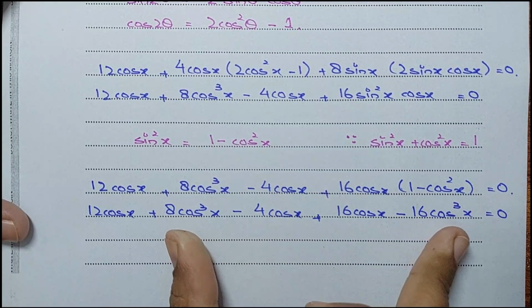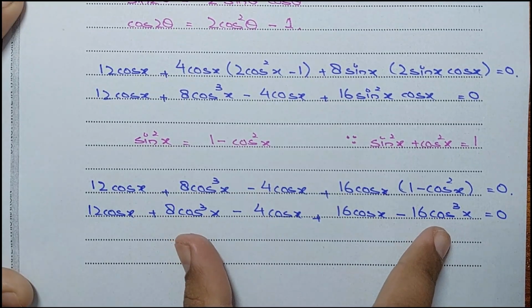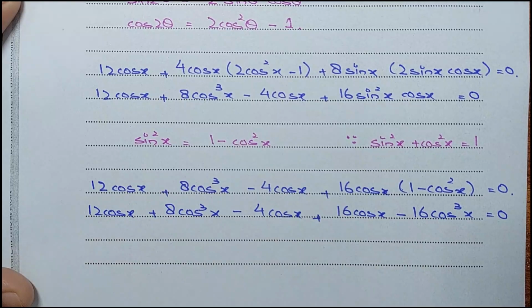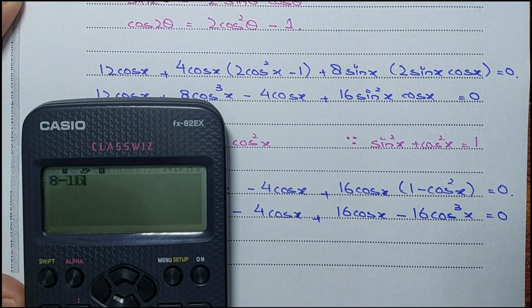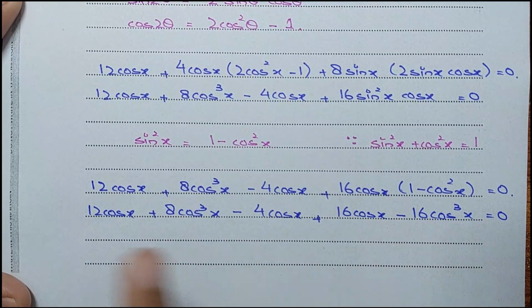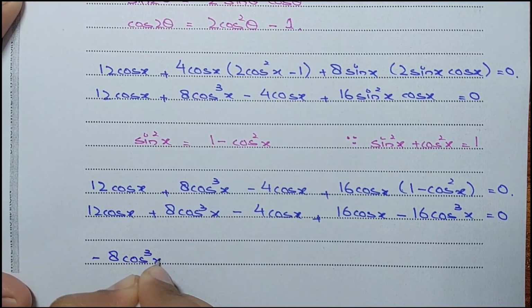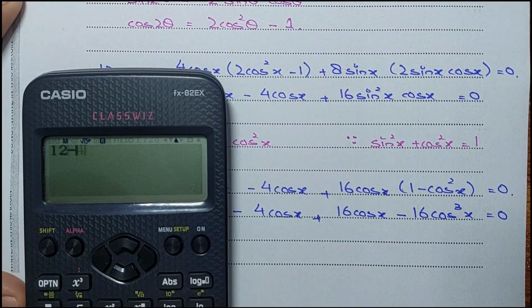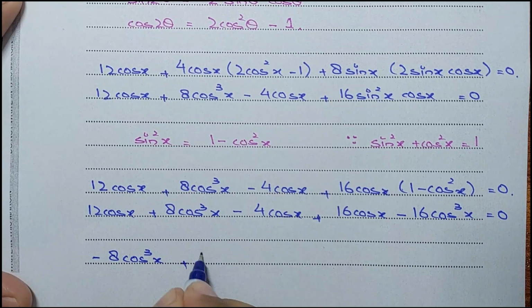Now these two are terms in cos cube. 8 and minus 16 are the coefficients of cos cube, which gives negative 8: 8 cos cube x minus 16 cos cube x is minus 8 cos cube x. Then the cos x terms: 12 minus 4 and 16, that is 24. 24 is the coefficient for cos x.